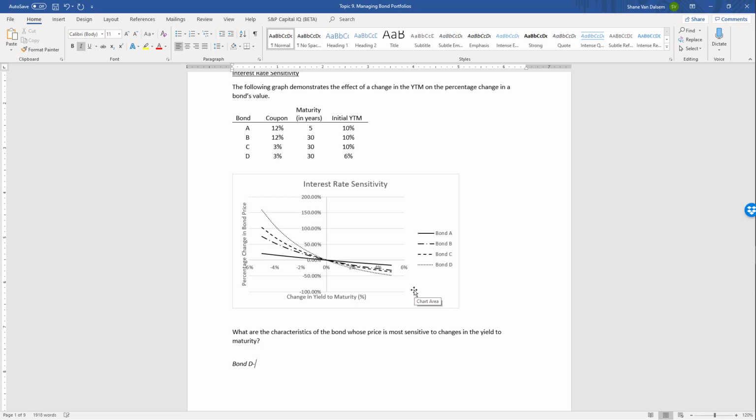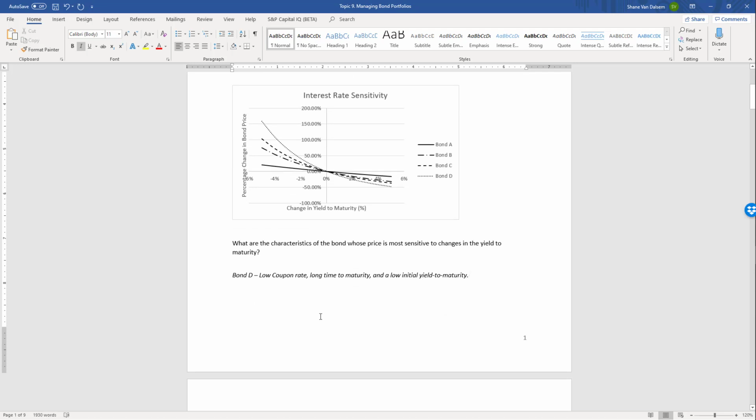It has a low coupon rate, a long time to maturity, and a low initial yield to maturity. Okay. And we're going to get into this more.